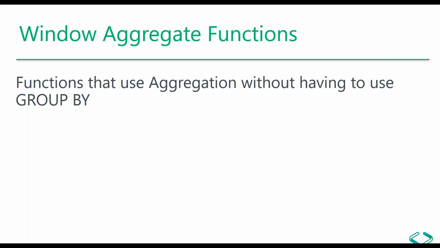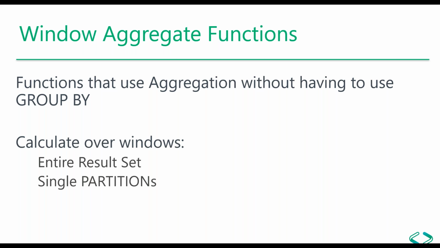That's incorrect when it comes to windowing functions, at least as of SQL Server 2005. At that point, you could start using these nice functions without group bys, if you know how it works. These aggregations can calculate over a window or a partition, looking at the entire result set or a single partition.